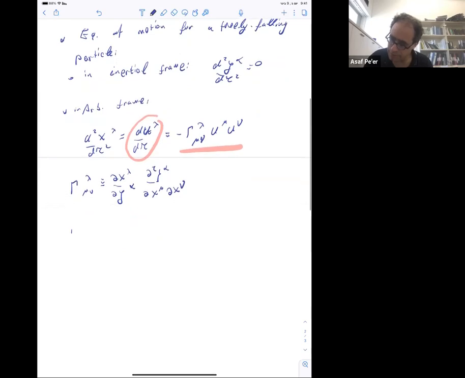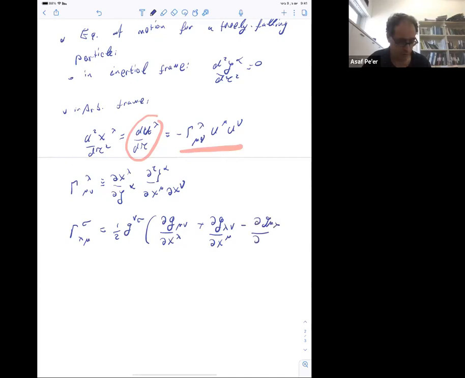So we show that Γ^λ_μν is 1/2 g^νσ times the sum of first derivatives: ∂g_μσ over ∂x^λ plus ∂g_λσ over ∂x^μ minus ∂g_μλ over ∂x^σ. Here I simply switched the roles of mu and lambda. Note that nu really here is a dummy index, because it cancels out.